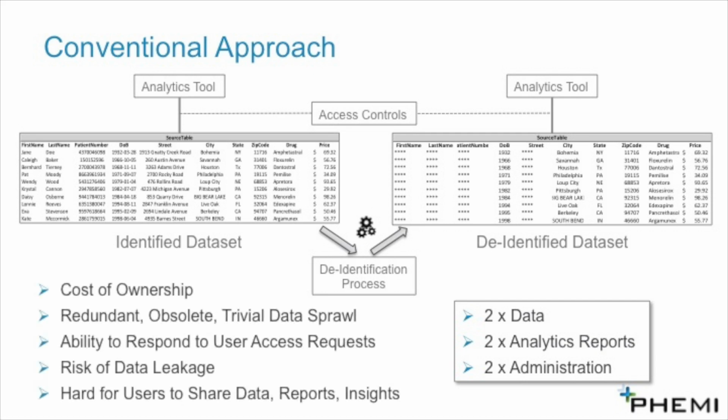The implications on cost of ownership, redundant and obsolete data management, risk of data leakage, and drag on analytics efficiency are self-evident. And in fact, we see some organizations where anywhere from 1 to 12-month backlog in data analytics requests, and many where reports and data sets are generated long after the business need has passed.